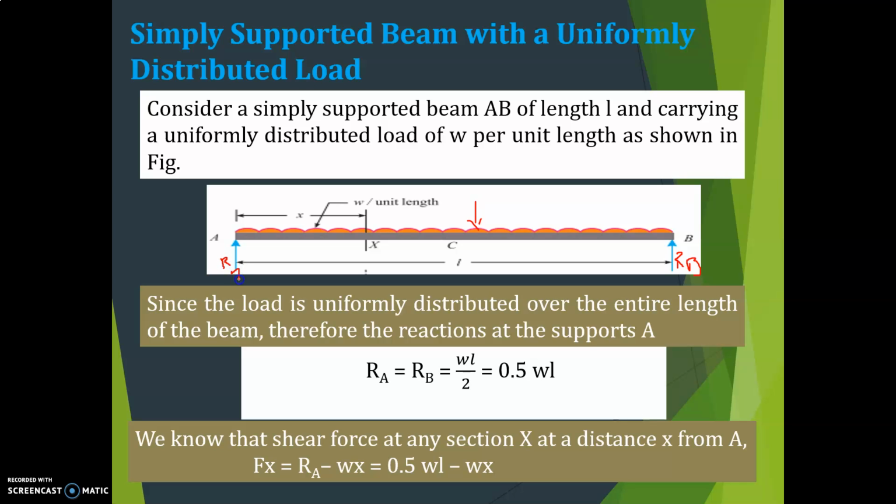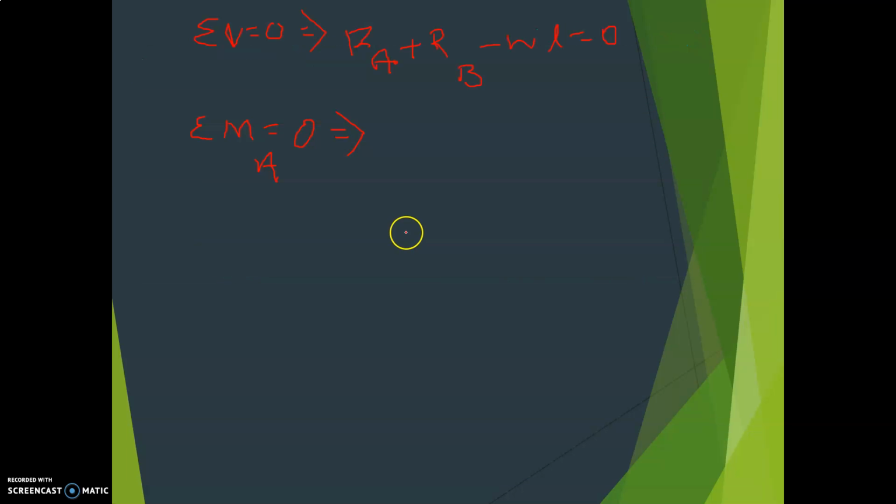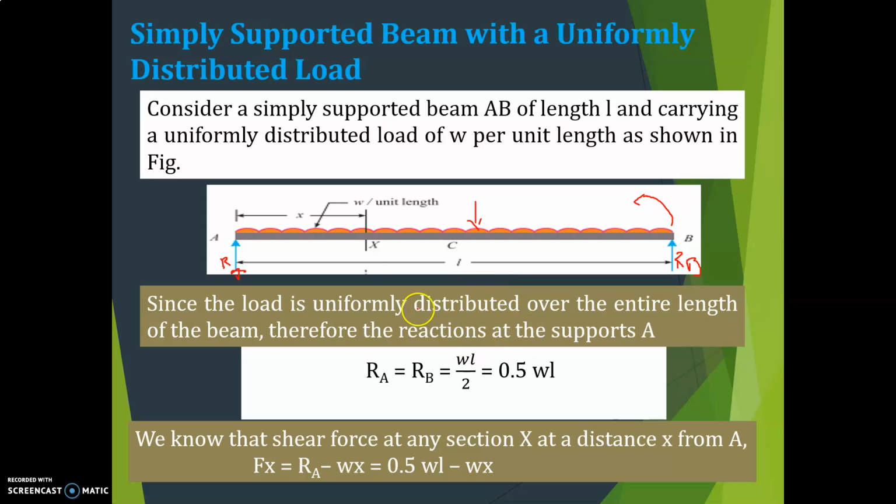Minus RB, because it is moving in the anti-clockwise direction, minus RB into L, the full length. Then this load is acting here, W into L, into L divided by 2.